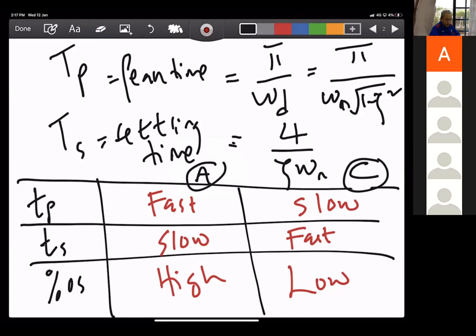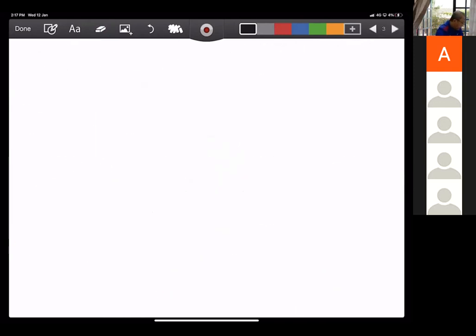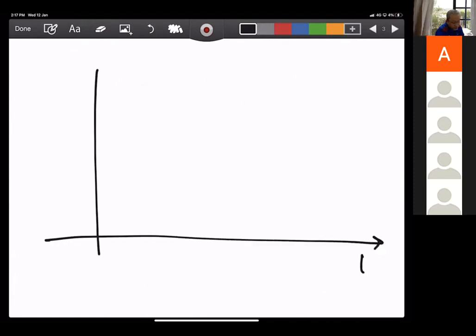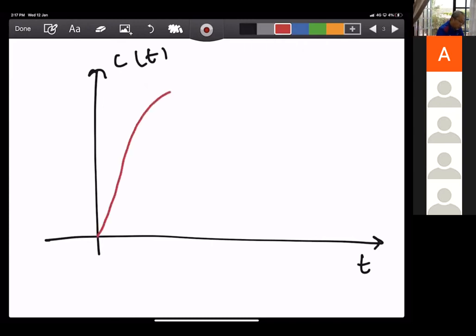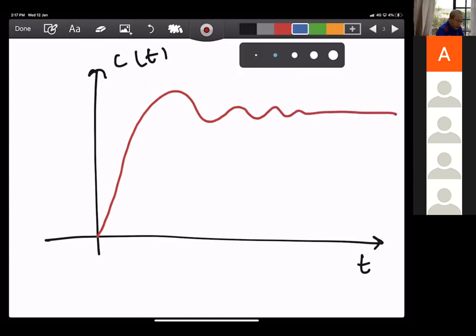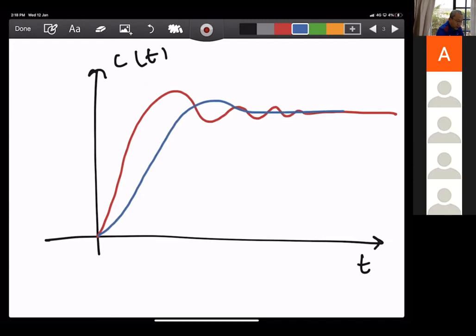Okay, continue. Then if we look here, if we plot the time response, let's say A is like this, and B is like this. Okay, C and B, A, sorry.